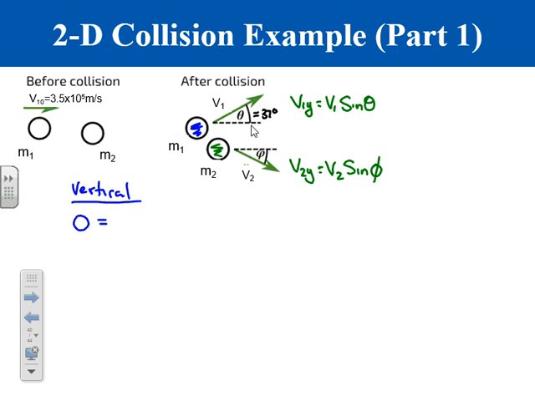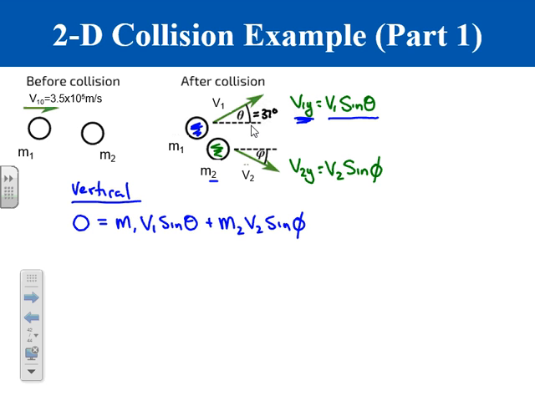All right, and those are our two components that we're going to use as our velocities in this vertical direction for our momentum. So I have m1 times v1y, but we're just going to go straight for v1 times the sine of theta. And then that's going to be combined with the momentum for my mass 2. So that's going to be mass 2 times v2 sine psi.